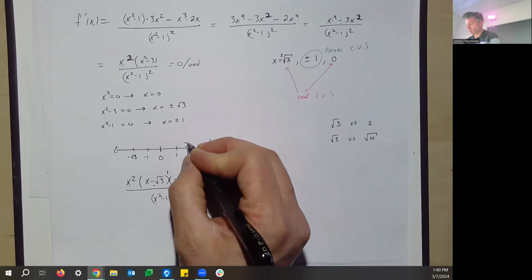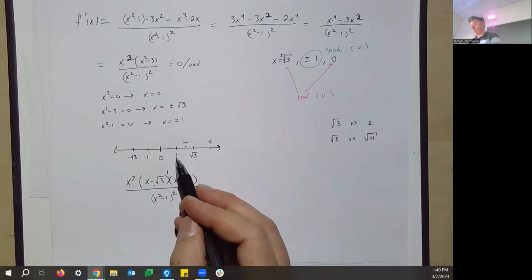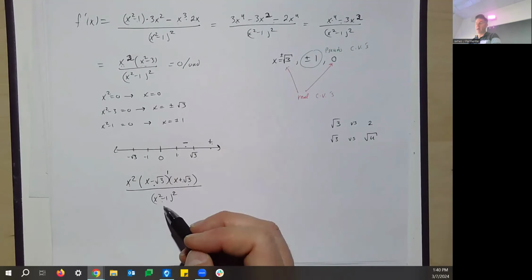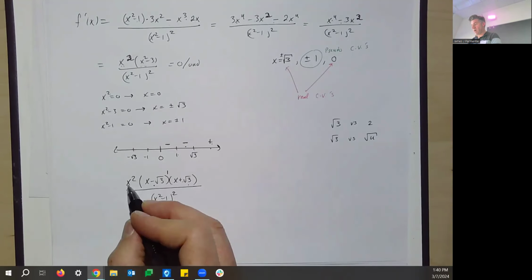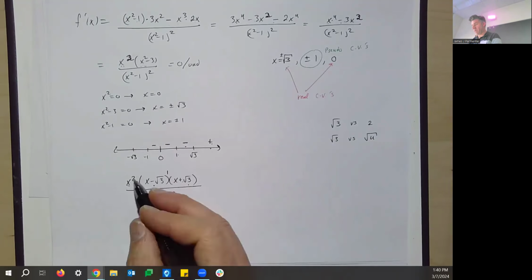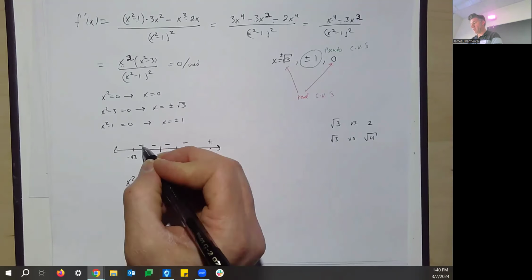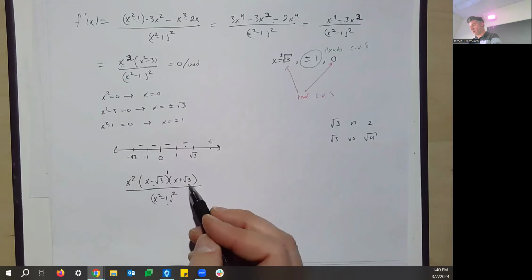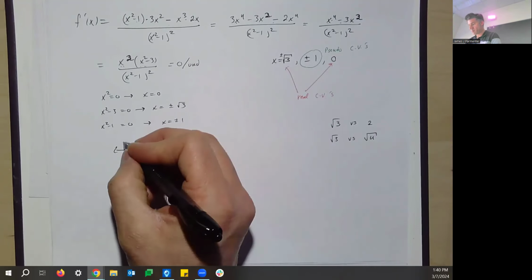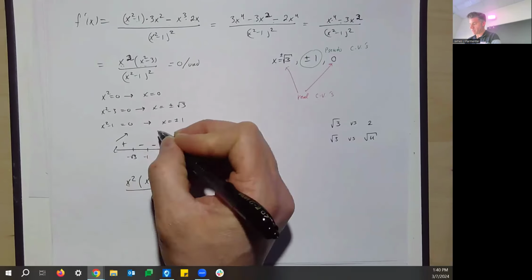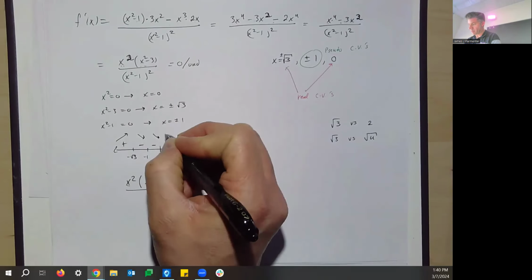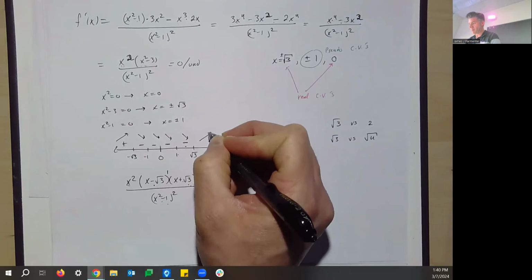The 1 came from here. This thing is squared. It's going to always be positive, so we don't change. We stay the same. The 0 came from there. We stay the same. The negative 1 came from there. We stay the same. The negative root 3 came from there. We change. So our function is increasing, decreasing, decreasing, decreasing, decreasing, increasing.